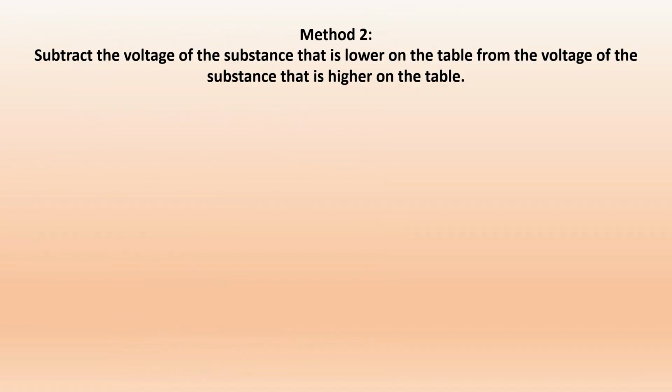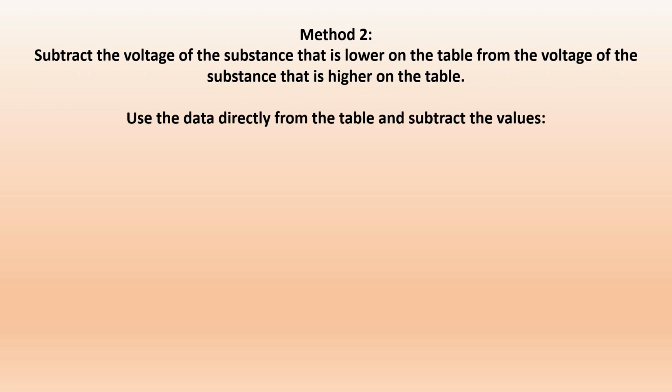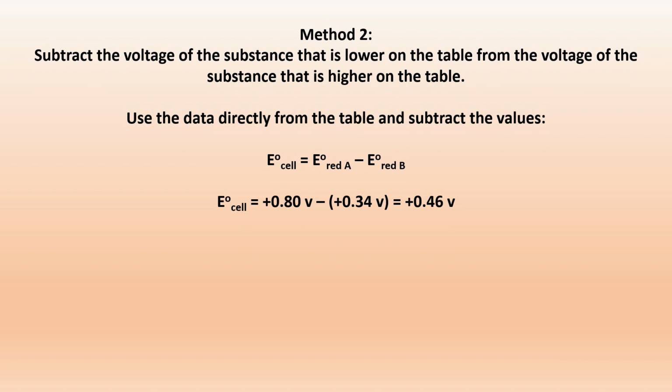A second method would be to subtract the voltage of the substance that is lower on the table from the voltage of the substance that is higher on the table. So we use the data directly from the table and subtract the values, where standard cell potential is equal to the standard reduction potential of A minus the standard reduction potential of B. So in this case, the standard cell potential is equal to plus 0.80 volts minus plus 0.34 volts.